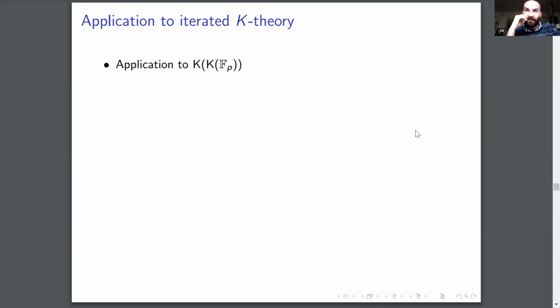They are. So it's Hesselholt and Madsen where they compute algebraic K-theory of truncated polynomial algebras. Martin Speirs, a student of Hesselholt, recently computed that again, but using the Nikolaus–Scholze approach.